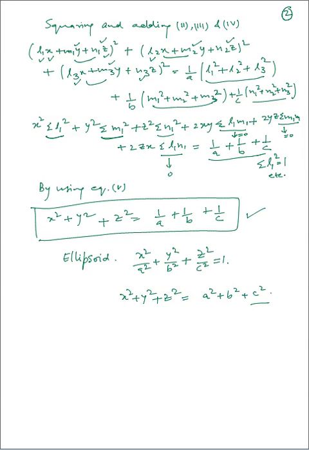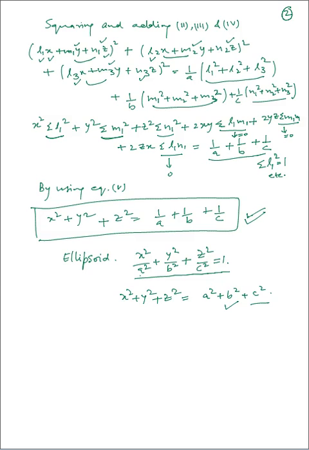So this is the equation of the director sphere for the conicoid ax square plus by square plus cz square is equal to 1, and this is the equation of the director sphere of the ellipsoid x square upon a square plus y square upon b square plus z square upon c square is equal to 1.